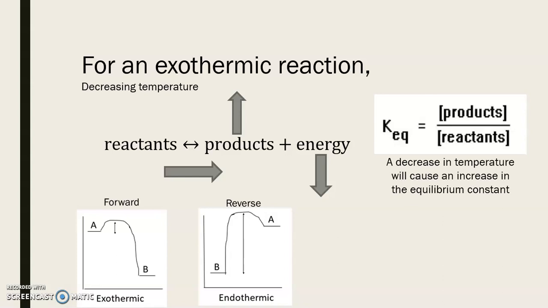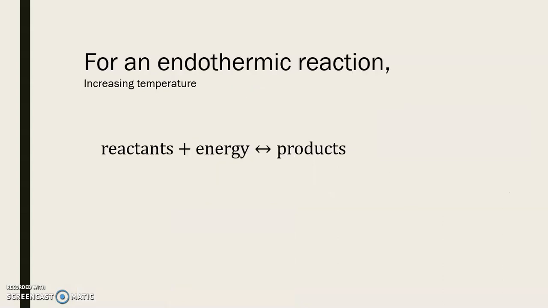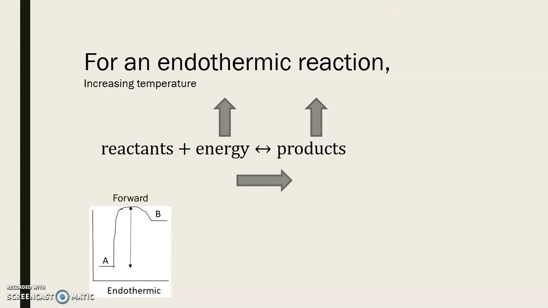increase the equilibrium constant. On the other hand, for an endothermic reaction, increasing the temperature is going to shift the reaction to the right. This is going to remove this excess energy that is being produced and thus increase the amount of products. Again, if we look at the reaction profiles, as stated before, an increase in temperature is going to assist particles in overcoming the activation energy and favour the side that needs the most assistance.